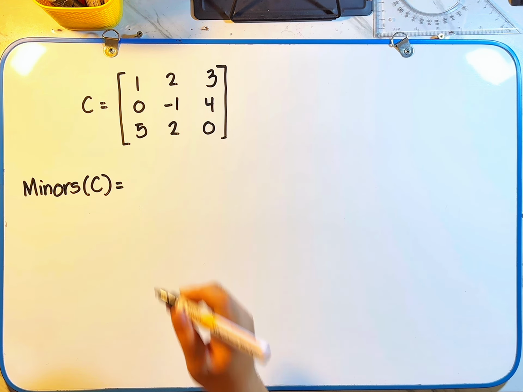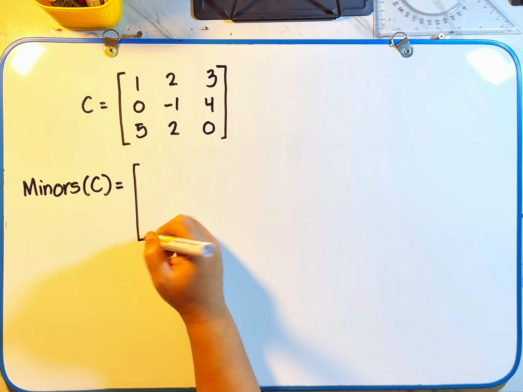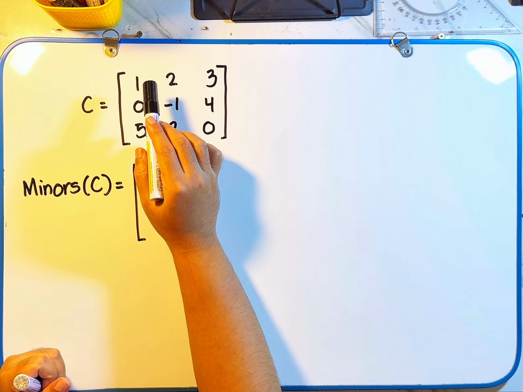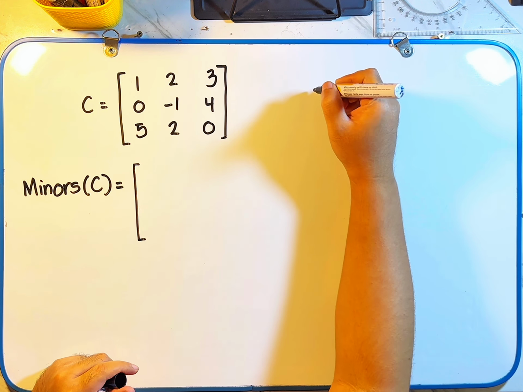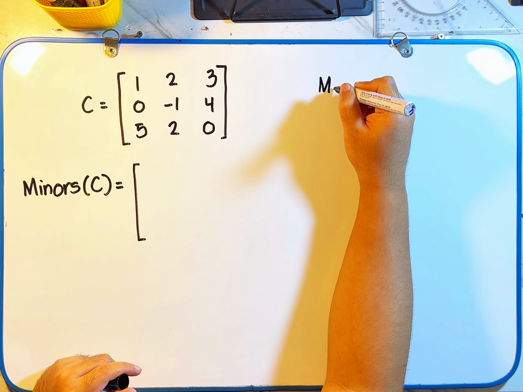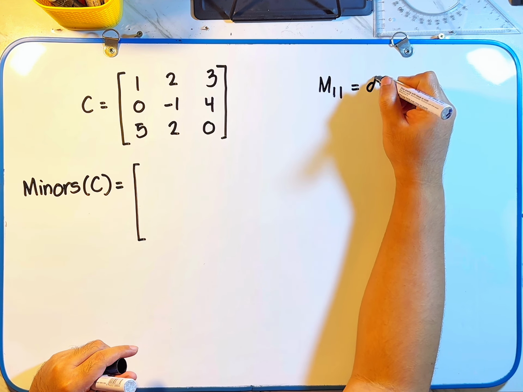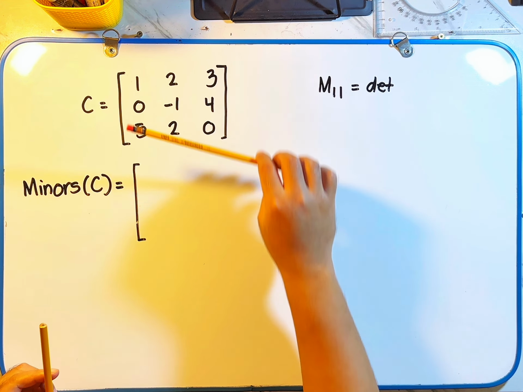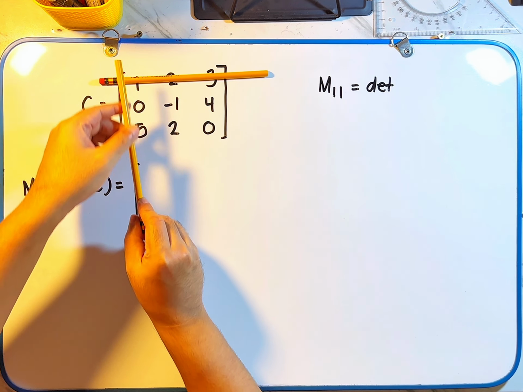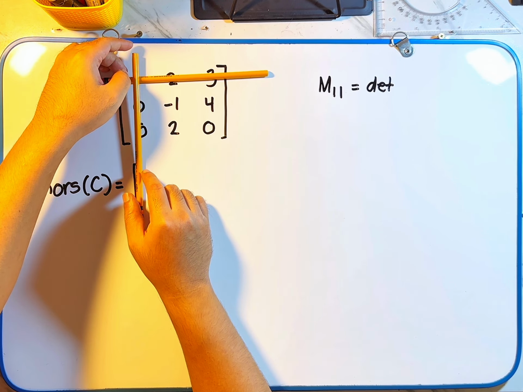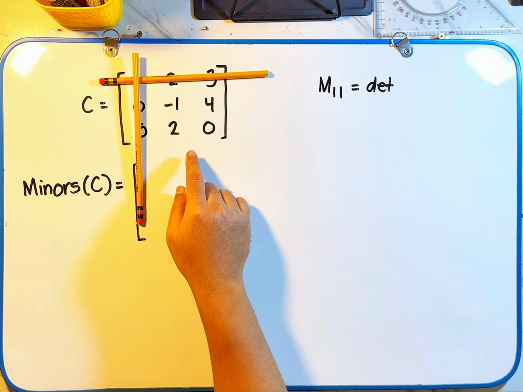So, let's begin with this element. This is the element in the first row, first column. Let's try to find the corresponding minor. First row, first column. Now, this is equal to the determinant. If we block the first row, first column, we're left with these 4 elements. So we can assume this as a 2 by 2 matrix.